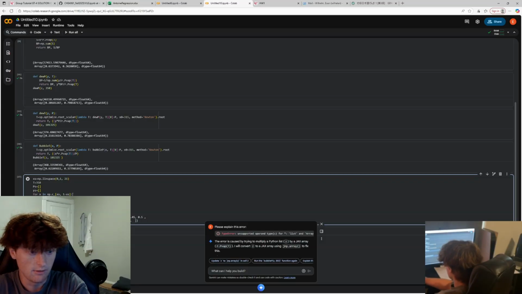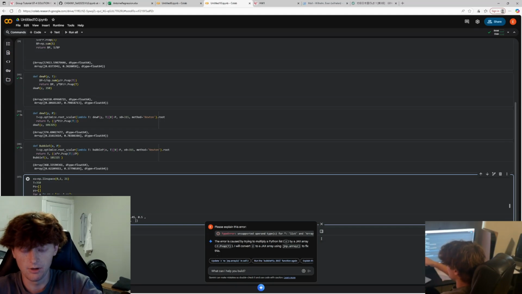So this equals our bubble P xt, and then Ps append P. So we want to append everything to this Ps and Ys. Problem, however, with this is that it doesn't keep it all in one single array. It has basically one number per each array that it appends to.